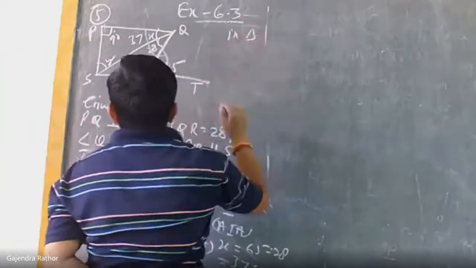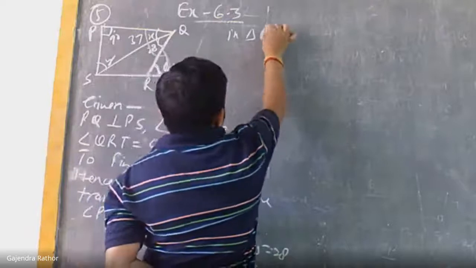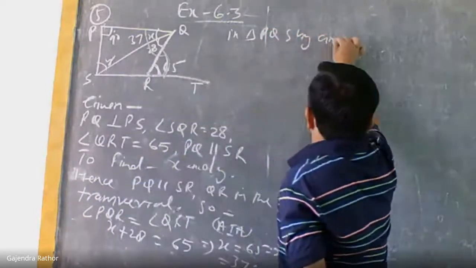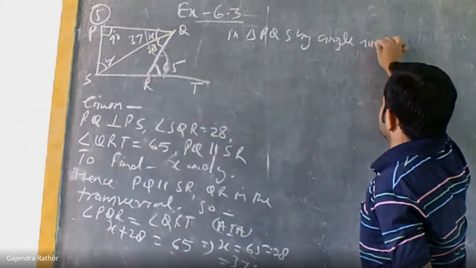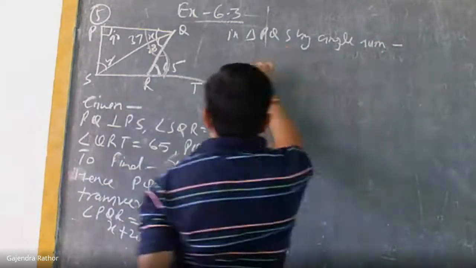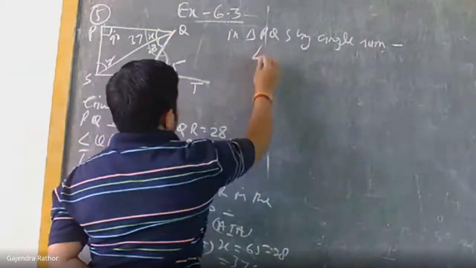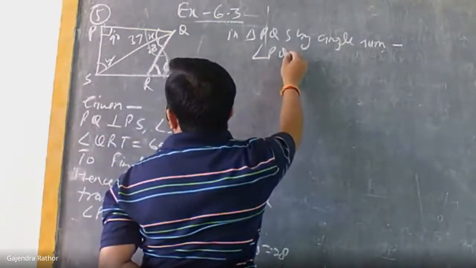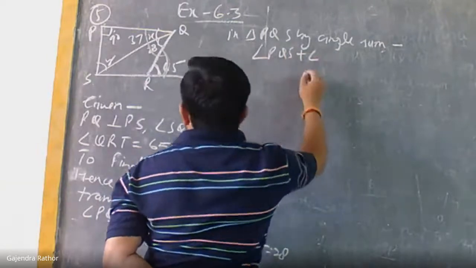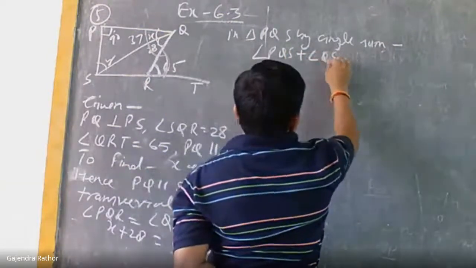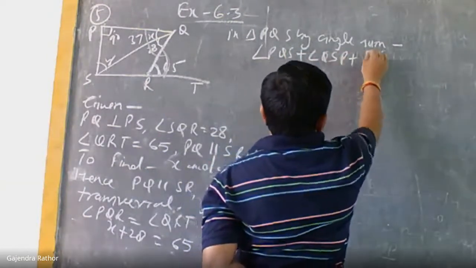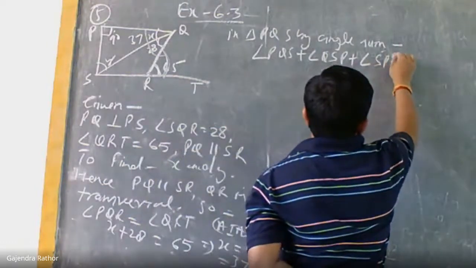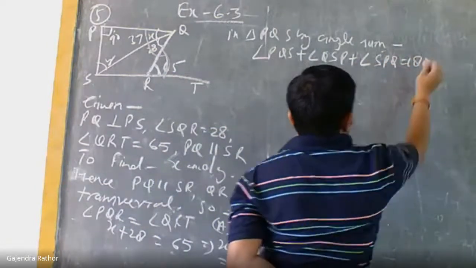So in triangle PQS, angle sum property: angle PQS plus QSP plus SPQ is equal to 180.